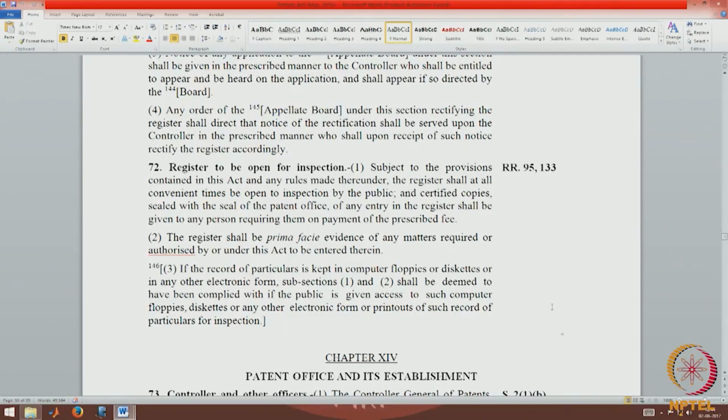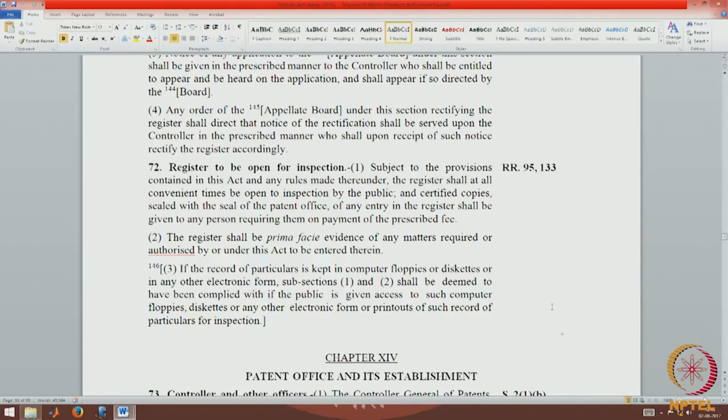So, because 72(2) tells us the prima facie evidence in any matter of an entry in the register shall be a copy of that register. 3. If the records or particulars is kept in computer floppies or diskettes or any other electronic form, shall be deemed to be complied if the public is given access to such computer or any other electronic form or printouts of such records of particulars for inspection.